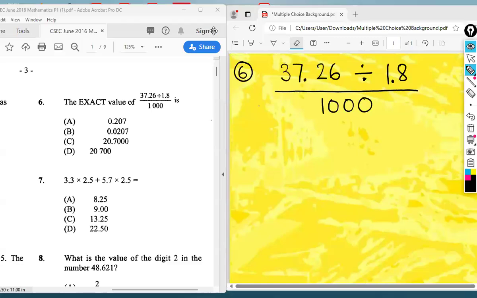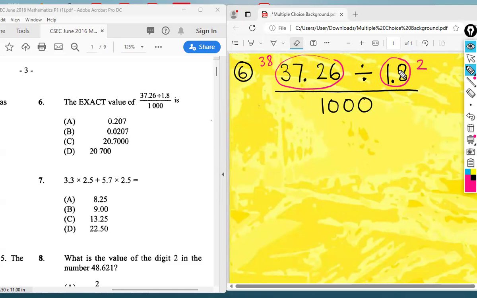Let's see how you should do this. We're going to approximate some values, right? We know that 1.8 is close to 2. And I know this is closer to what? 37, right? If we round it off. But let's call it 38. We made this number larger, so let's make this one a little bit larger too.